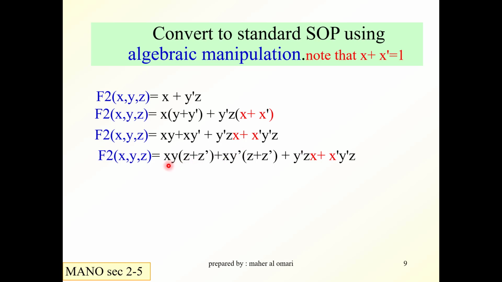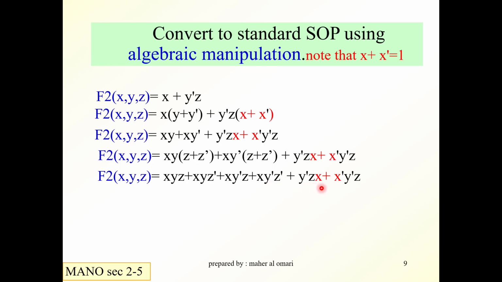We make use of the distribution theorem. xyz is this, or is this, xyz bar, xy bar z, and xy bar z bar, which is this. And this is the same. Now you see this term is a minterm, and this is a minterm, and this is a minterm.